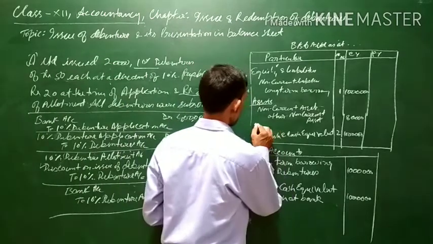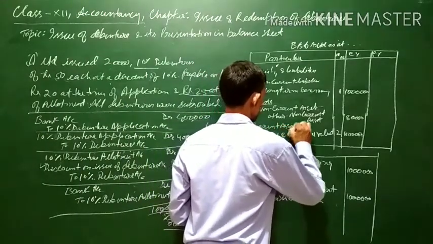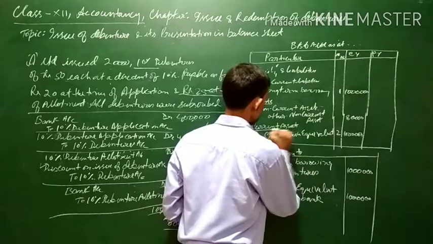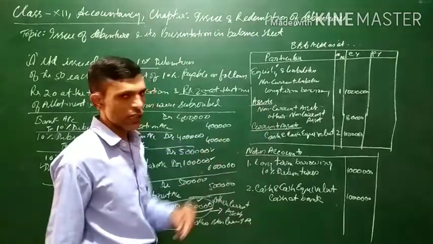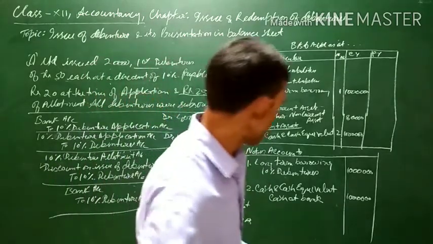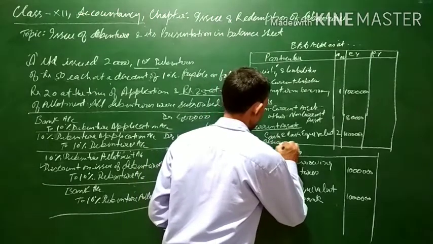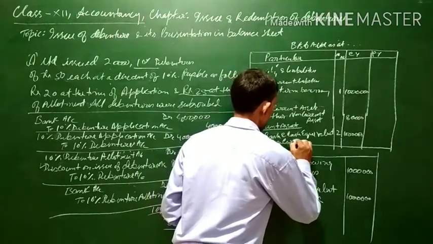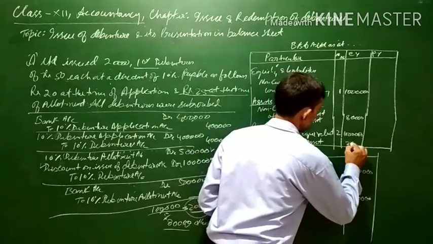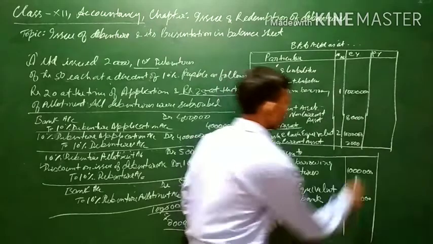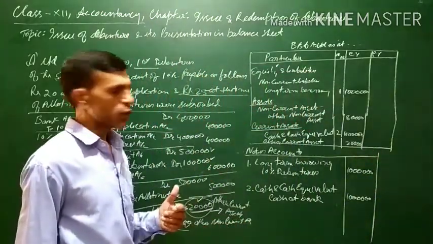So under current assets, two things will be written: one is cash and cash equivalent, and the other is other current assets, which is 20,000, the discount which will be written off in the next 12 months.